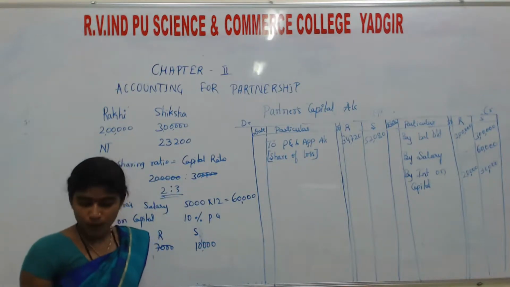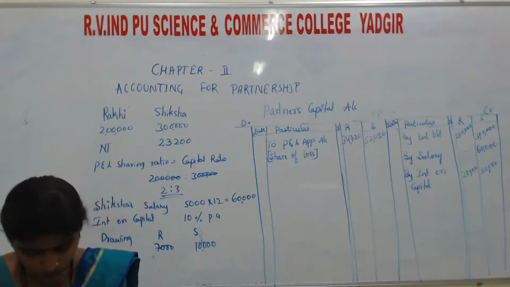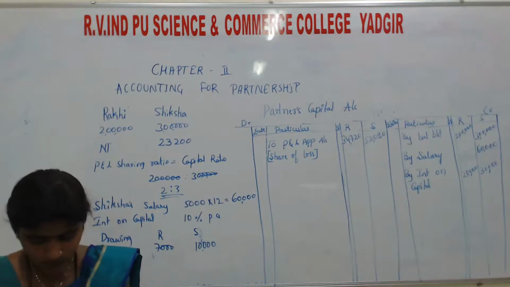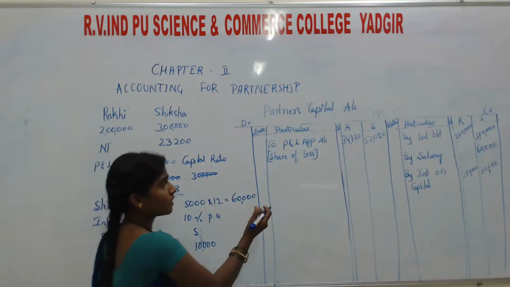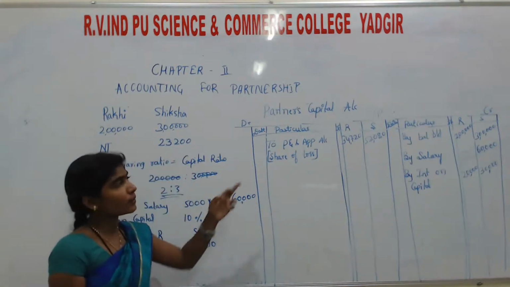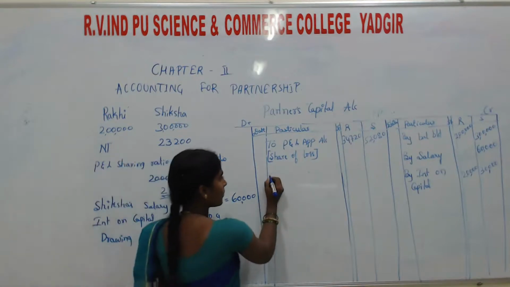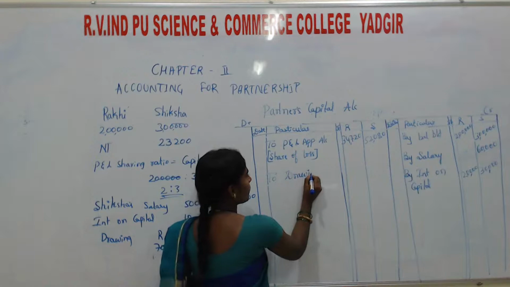Is there any drawing information here? See, during the year, withdrew rupees 7,000 by Rakhi and by Shiksha 10,000. So drawings also decrease the value of capital fund of the partners. So that's why debit side, to drawings.